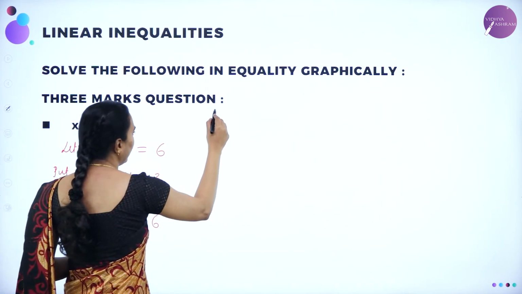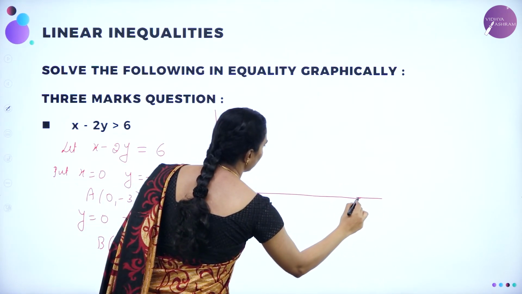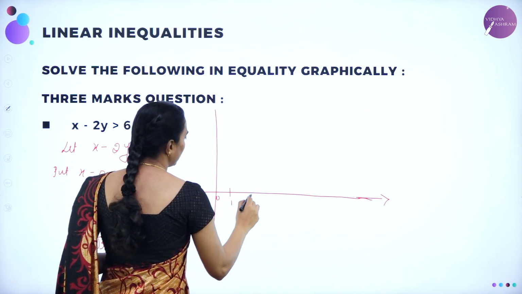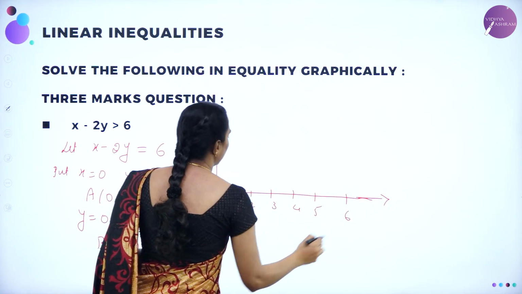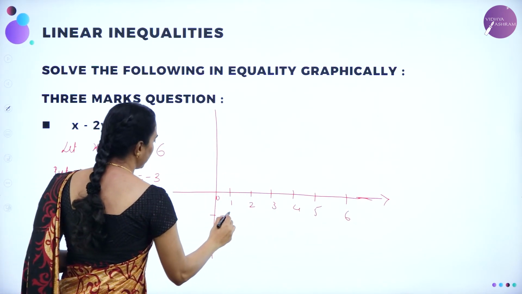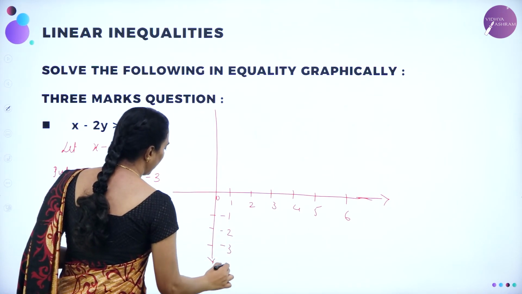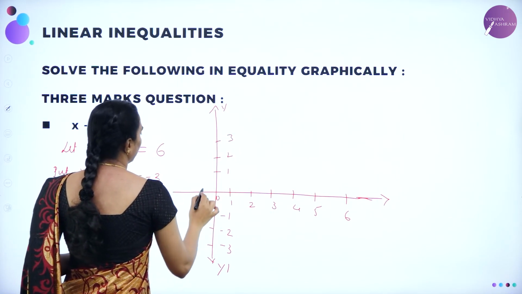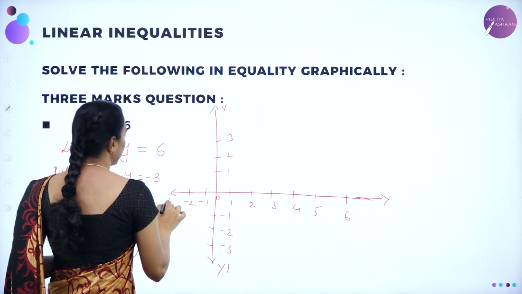Let me draw the line. So here you are going to have up to 6. Here 1, this is the origin, 2, 3, 4, 5, 6. And here you are going to have up to minus 3: minus 1, minus 2, minus 3. And this is y dash, y. And here 1, 2, 3. And here minus 1, minus 2, x dash.